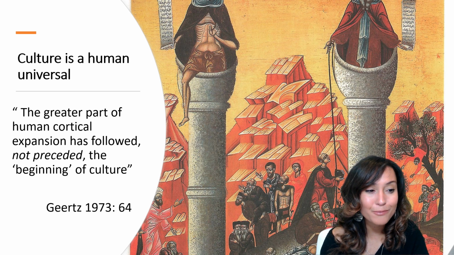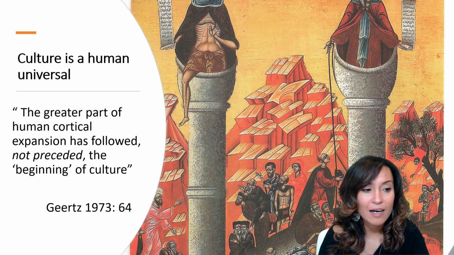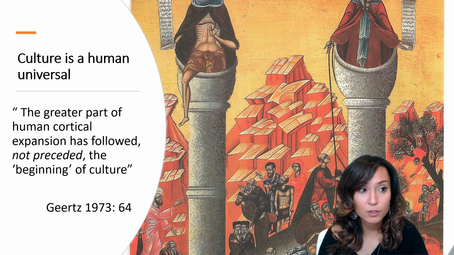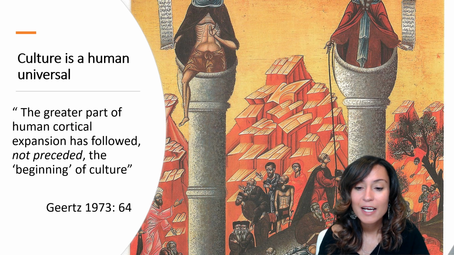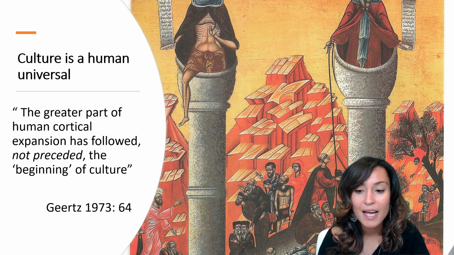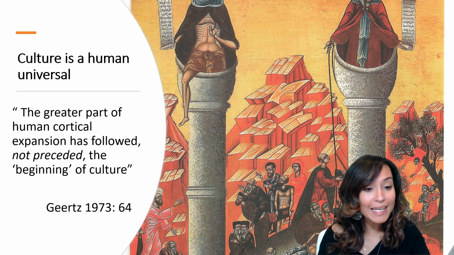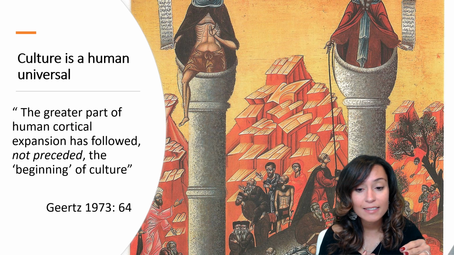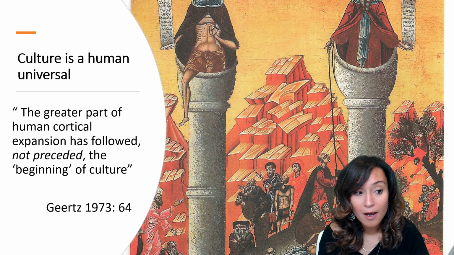Stylites were hermit-like monks in the 5th and 7th century in what is now Syria and Turkey. These monks sat on top of pillars to separate themselves from society and devoted themselves to an austere life of prayer. Despite this self-imposed isolation, all of these monks had grown up in society during this time.